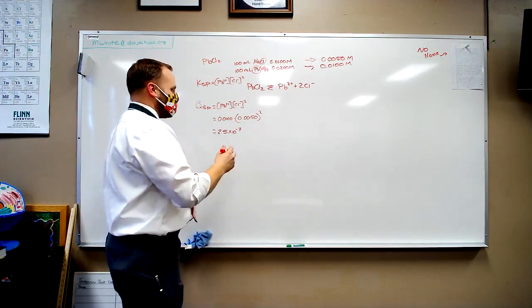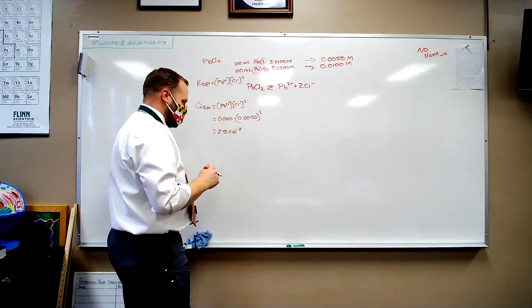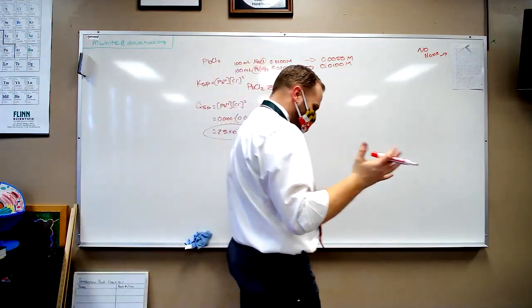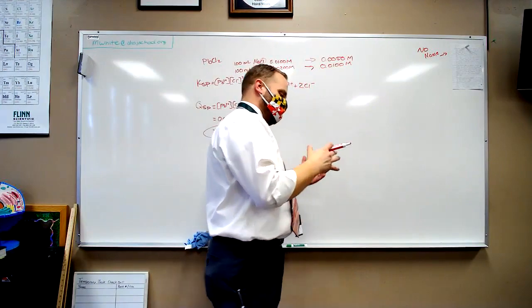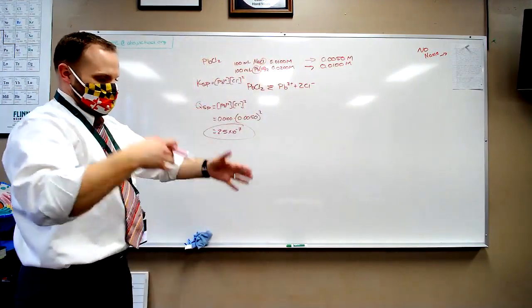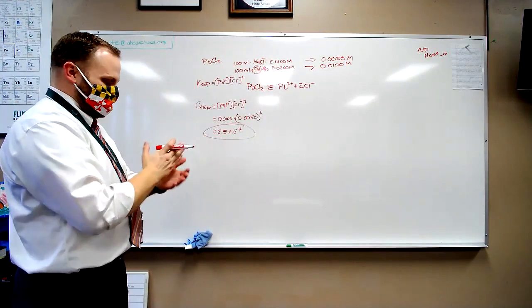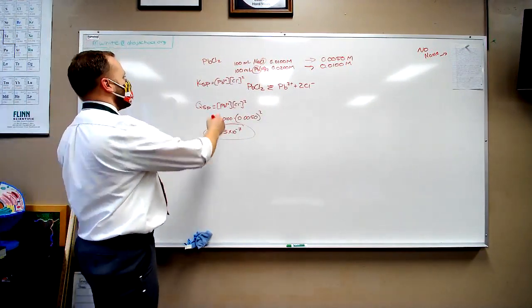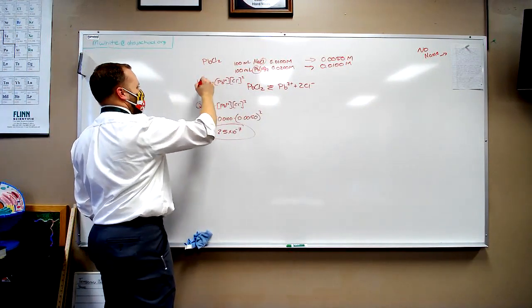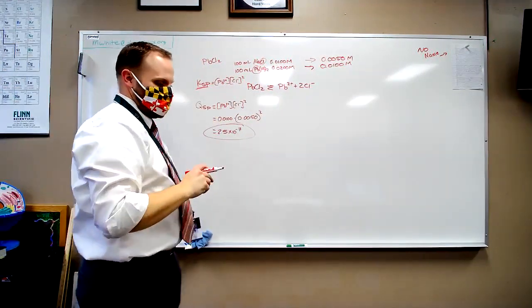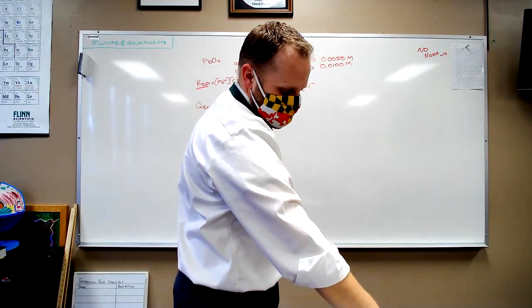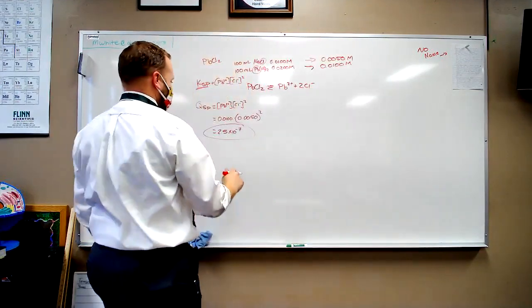Now, how can we tell whether or not a precipitate is going to be formed based off of that number? Well, it's not like the K where we said if it's less than 1, you get more of this, and if it's greater than 1, you get more of something else. There's no absolute number that you're looking at. Instead, we want to compare it to the KSP. We can look that up, or sometimes the problem will give it to us. The KSP for lead chloride is 1.7 times 10 to the minus 5.